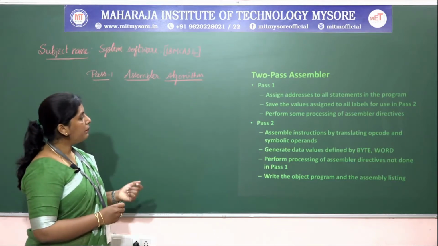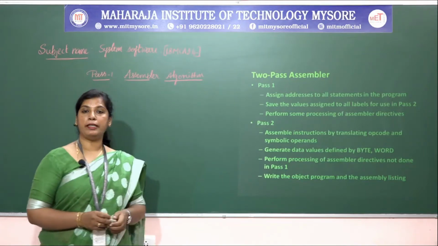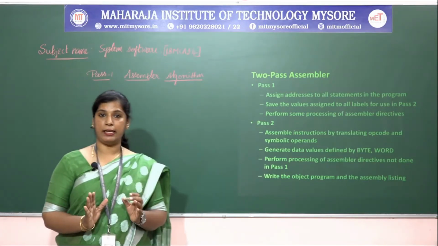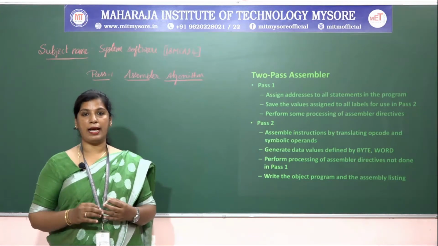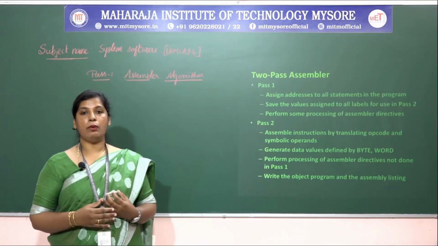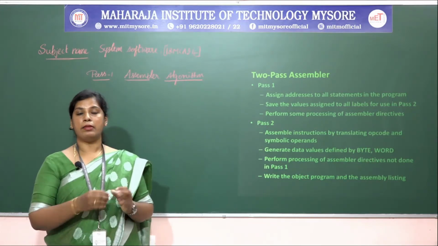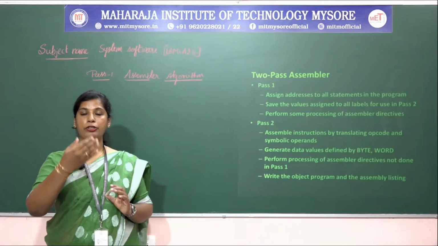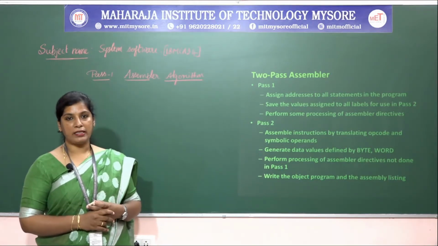In pass 1, the assembler assigns addresses to all the instructions of the program the user has given. It takes the starting address we have mentioned, then assigns the address for all the instructions one by one, every time in hexadecimal format.